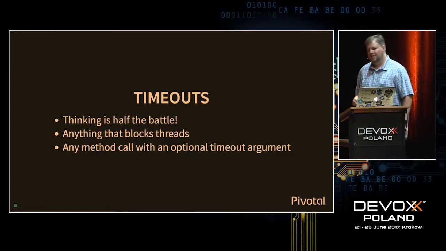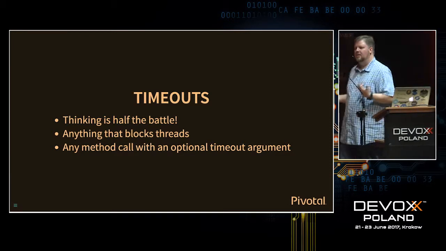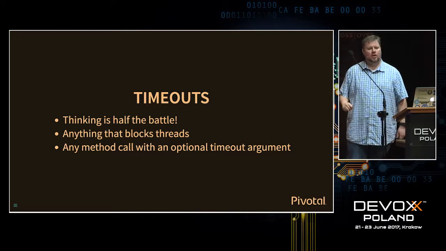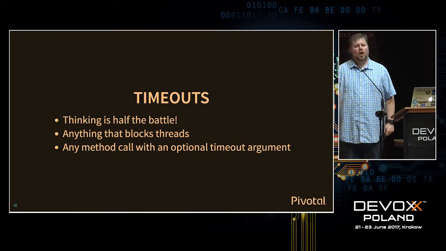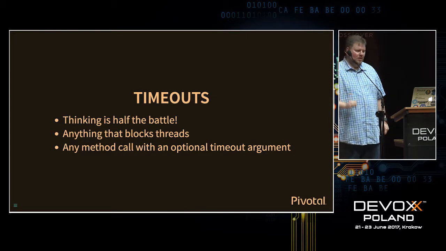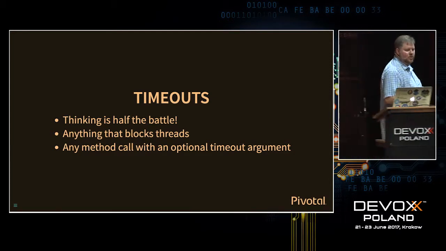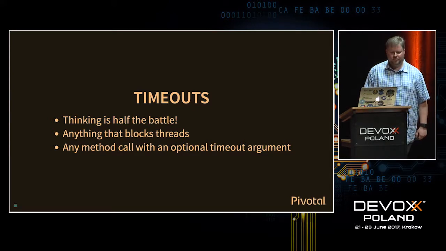Why? Well, you might think, well, if it doesn't have a timeout argument, it will actually have a sensible default timeout. Probably not. Probably the default behavior is wait forever.